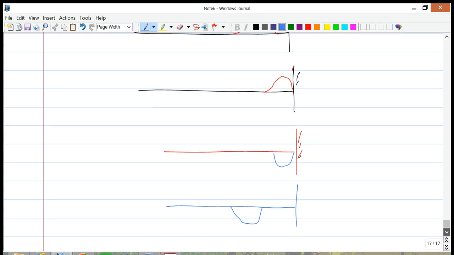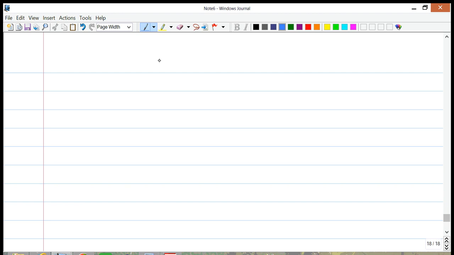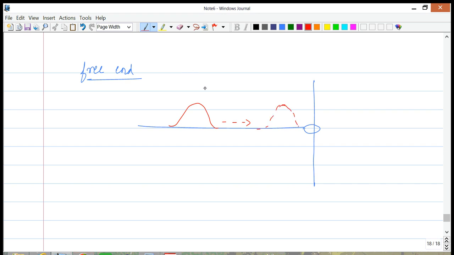Now, if on the other hand you had a free end, let us say that this string was attached to a very light ring, and this ring was free to move up and down here. When you have a pulse traveling through this, as it moves forward, it ultimately reaches the end of the string.